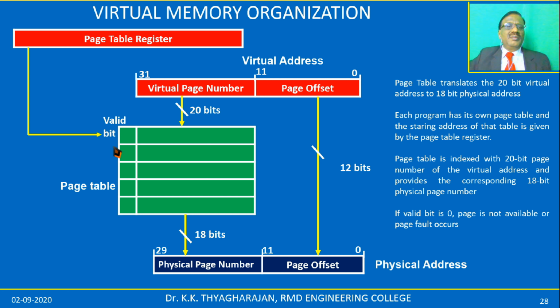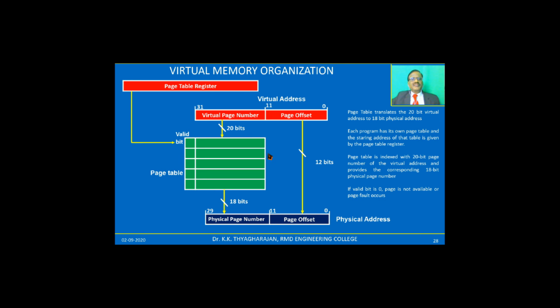And the page table will also consist of a valid bit. If the particular page requested by the memory is available in the page table, then the valid bit will be set to 1. If the valid bit has been set to 0, then the meaning is that particular page is not available in the memory.